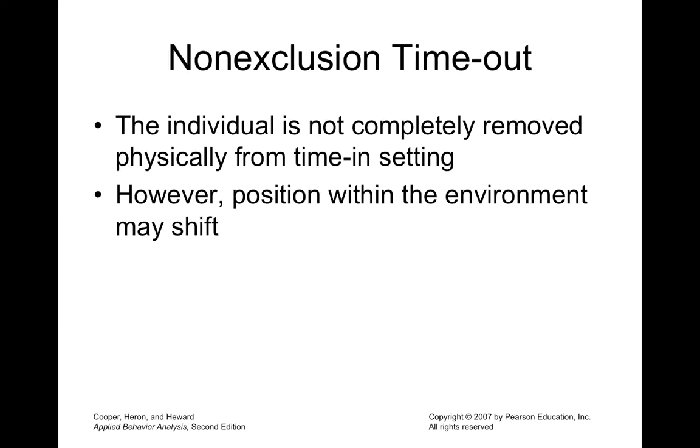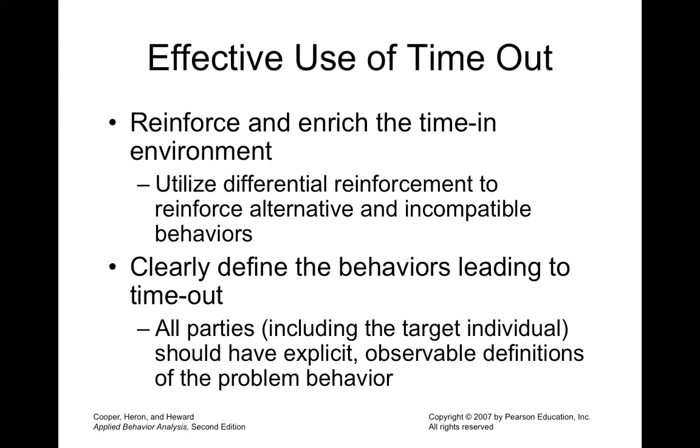In non-exclusion timeout, the person is not completely removed physically from the time-in setting, although the person's position relative to that setting shifts, he or she remains within that environment.